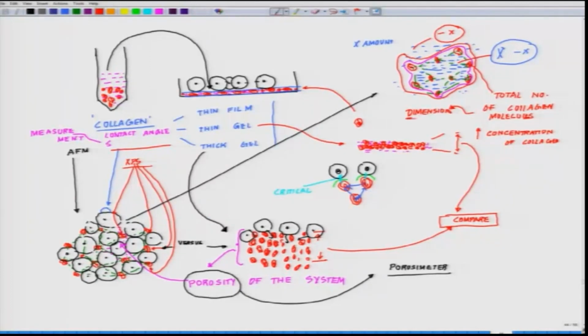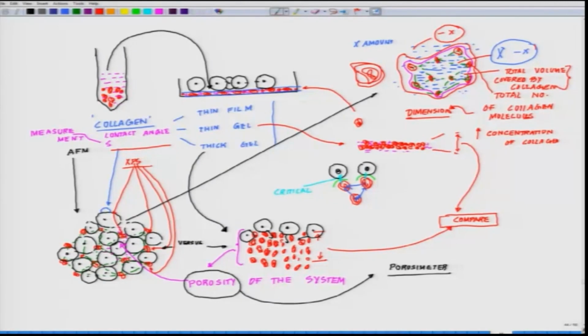So, if you know the dimension of the collagen molecule, and if you know the total number, then you can back calculate the total volume covered by collagen.